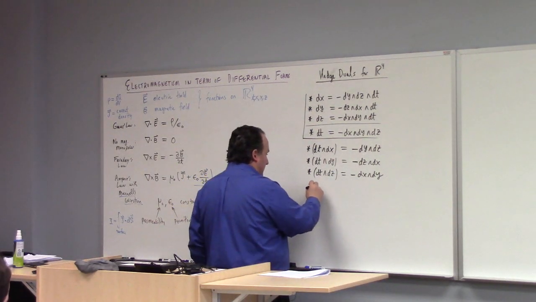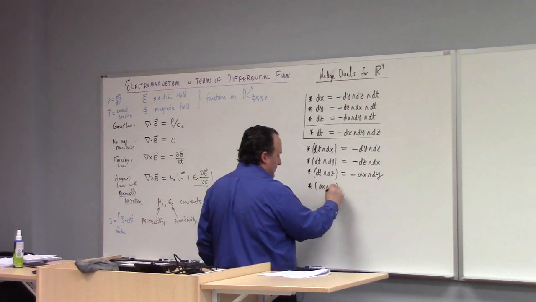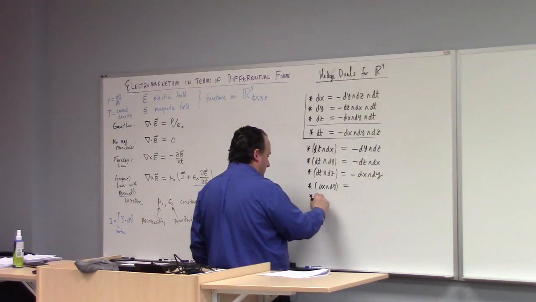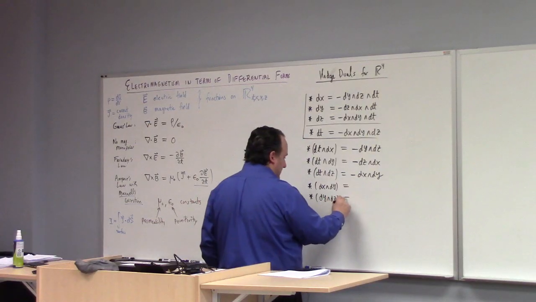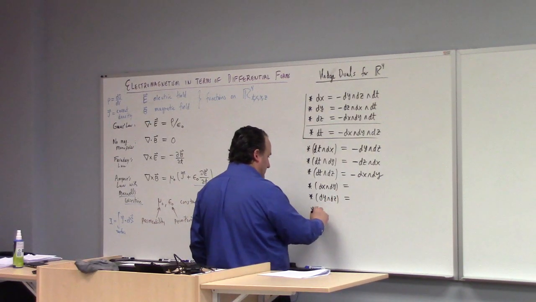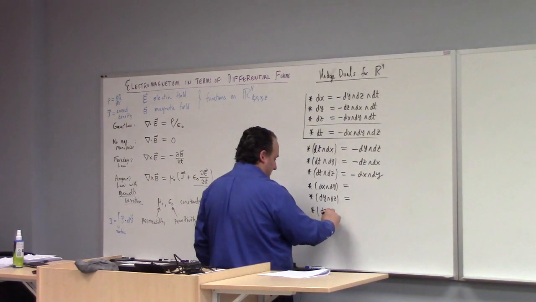All right, so what's the Hodge dual of dx wedge dy? What's the Hodge dual of dy wedge dz? What's the Hodge dual of dz wedge dx, right?